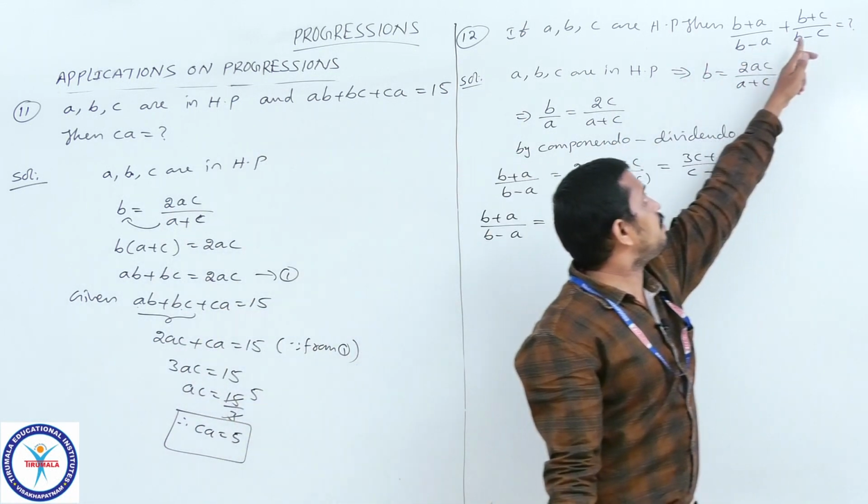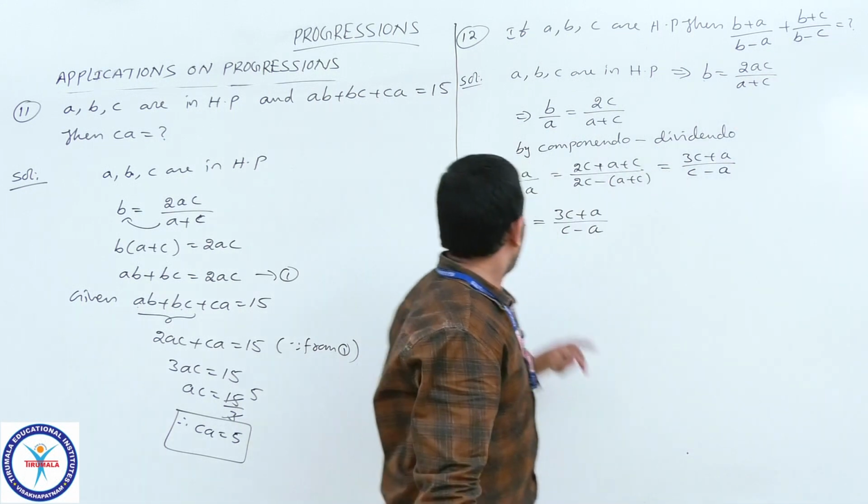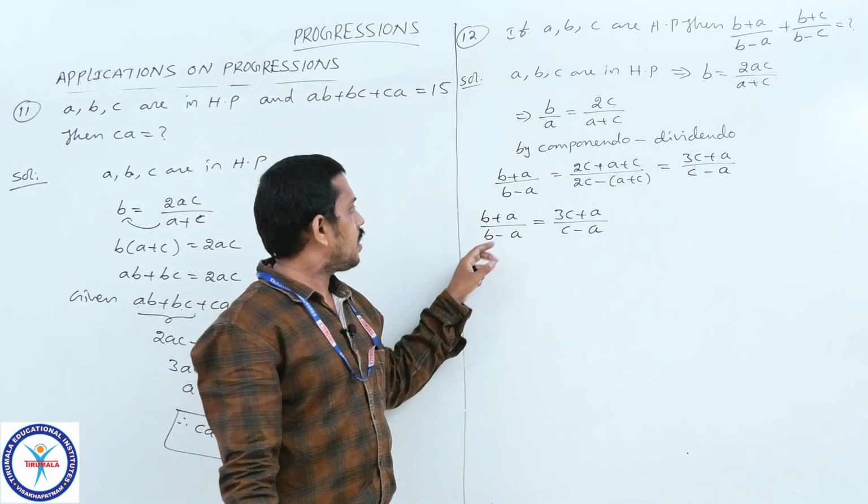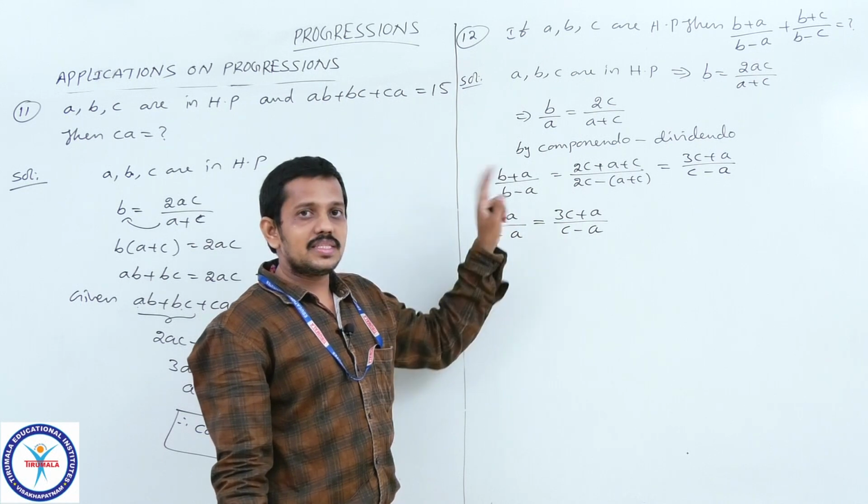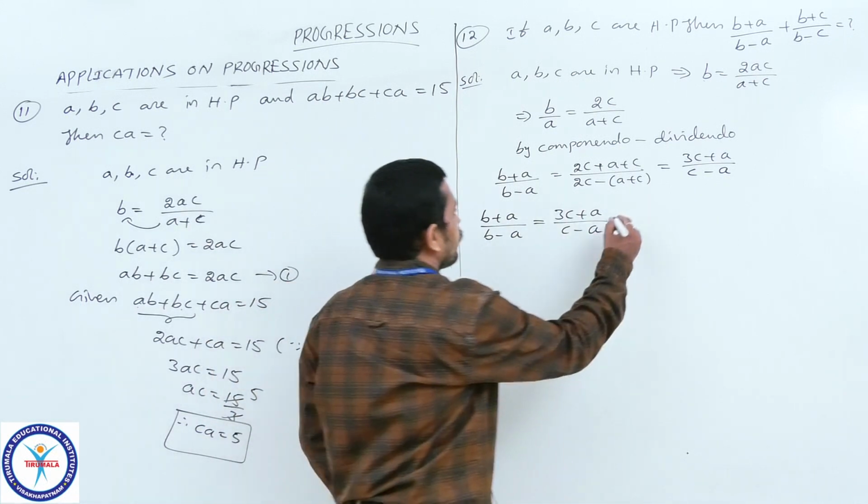Now what else do we require? (B plus C) by (B minus C). Means we have to keep B constant and we can interchange A by C and C by A in this equation.